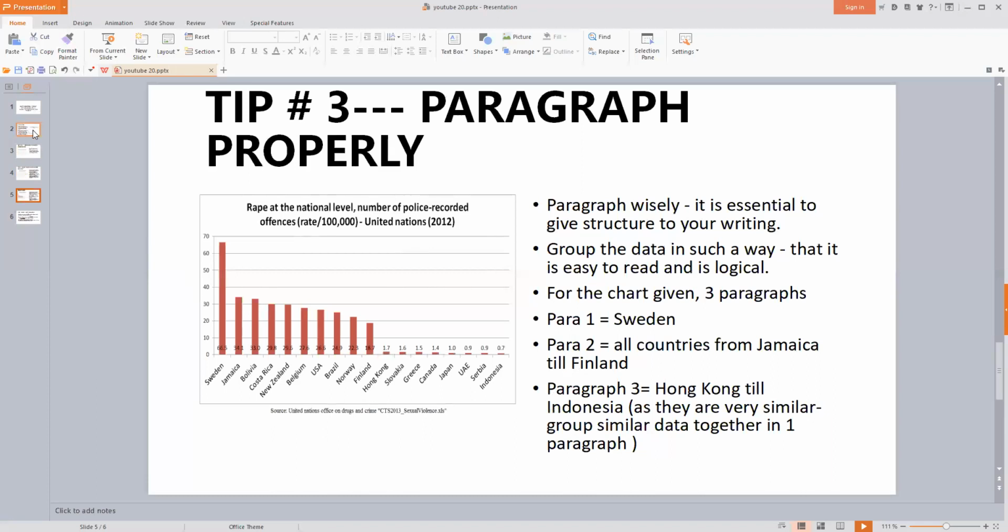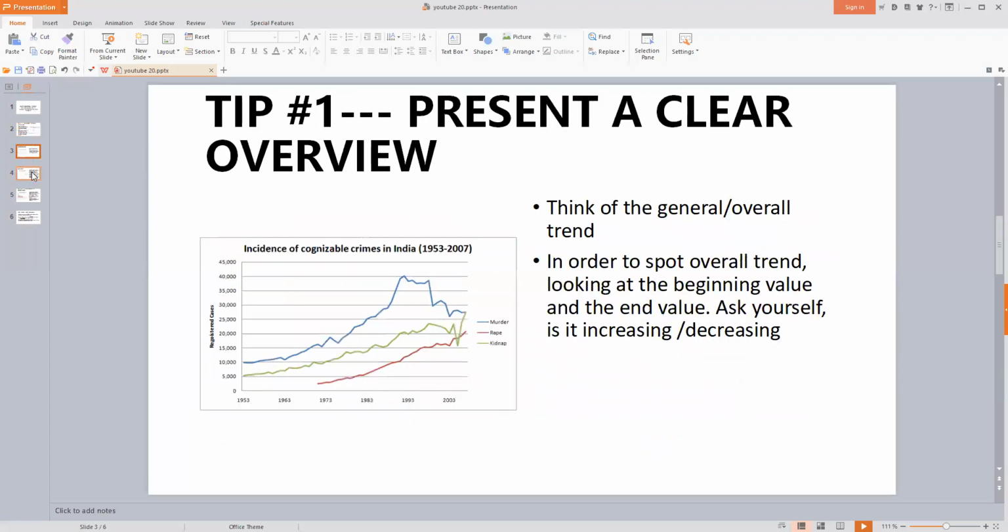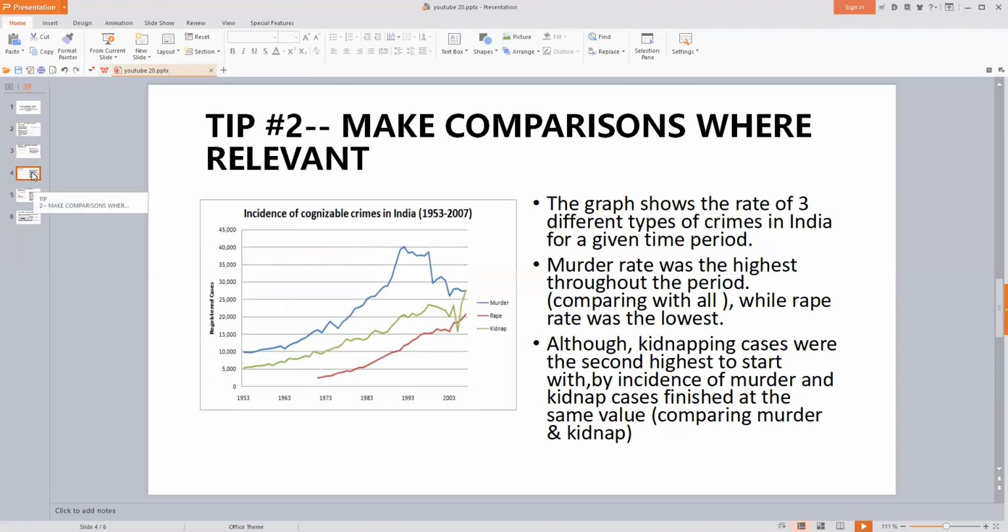As I already said, it's very important to present a clear overview. The second tip I gave you was that wherever possible, whatever data you are presented with, as in a line graph, try to make comparisons, tell the similarities and the differences, as I explained with this graph.